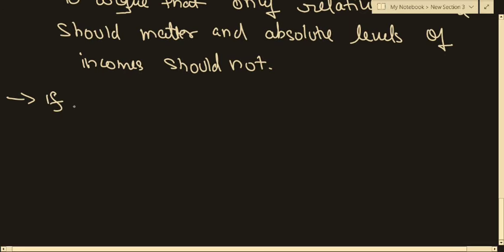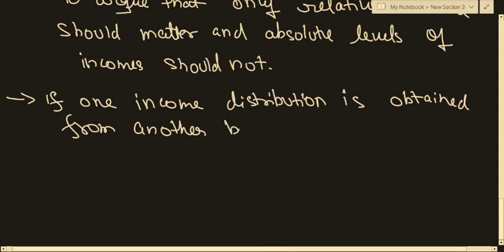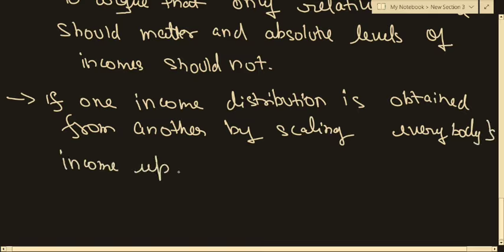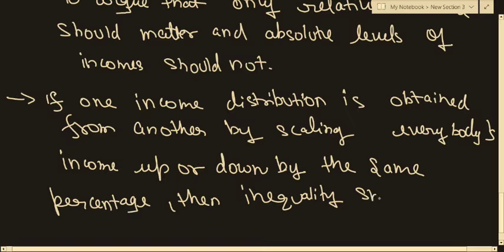If one income distribution is obtained from another by scaling everybody's income up or down by the same percentage, then inequality should be no different across the two distributions.